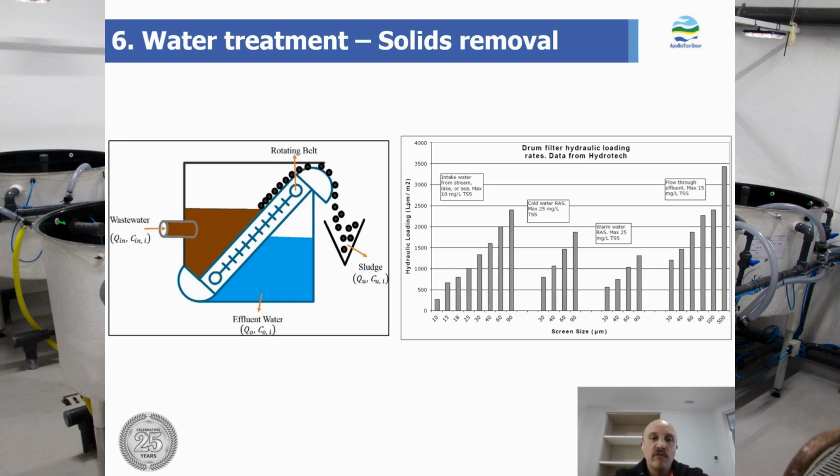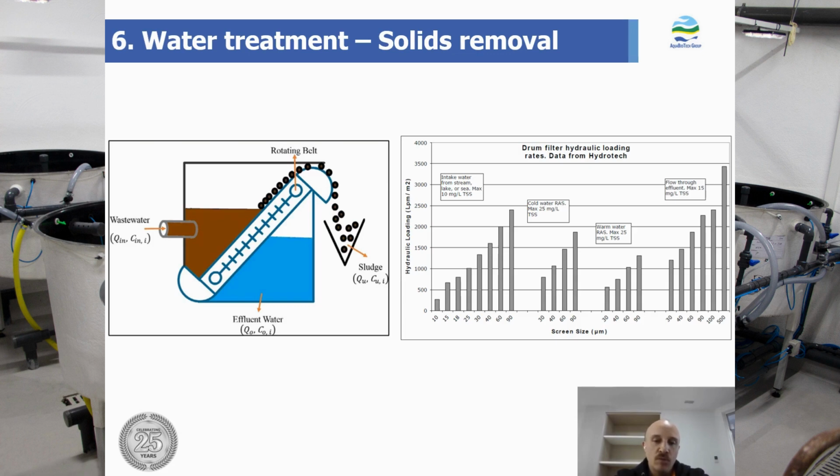Our solids removal unit is most of the time a mechanical unit. It can be a drum filter, it can be a belt filter, it can be a cartridge filter, and you will see more examples from my colleagues.